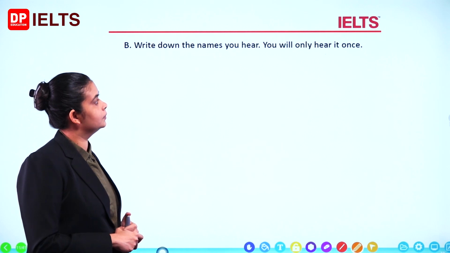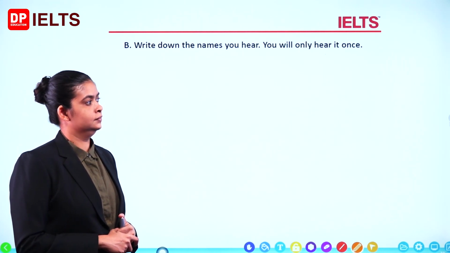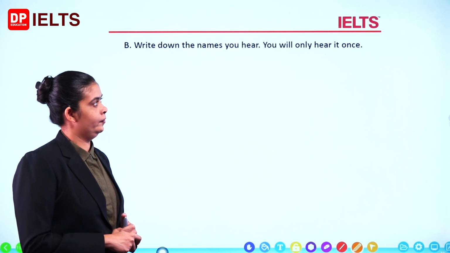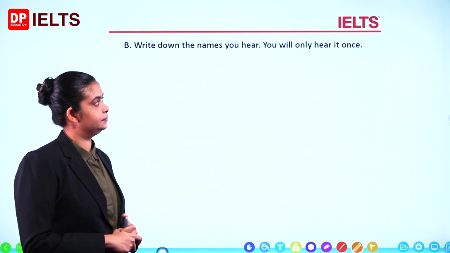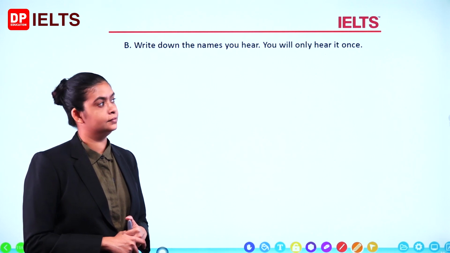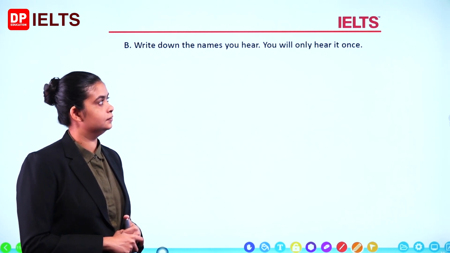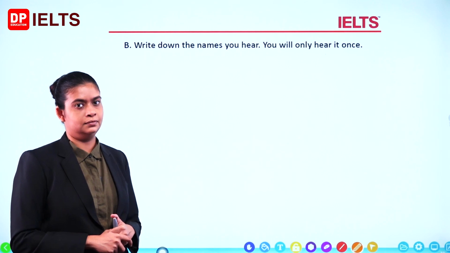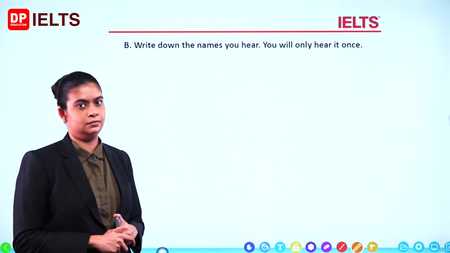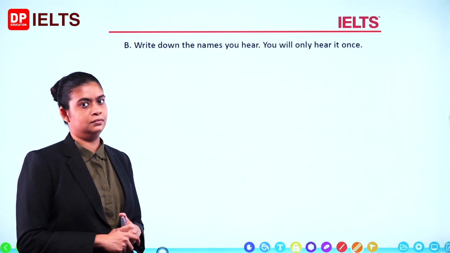You will now hear 10 more names. Listen and write down what you hear. Number 1. Dr. Davis. Number 2. Richard Chamberlain. The family name is spelled Chamberlain. Number 3.